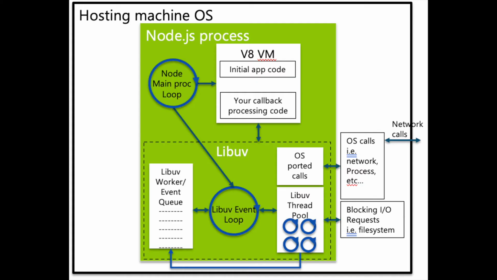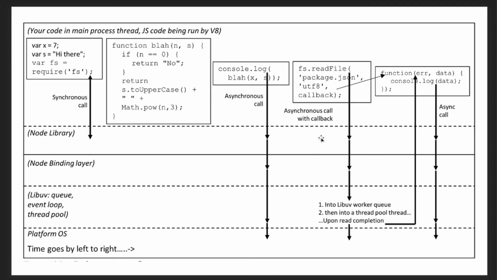So libuv is basically what was ported across operating systems. Now we get to this interesting one. The read file is also asynchronous, and it goes all the way back to the libuv worker pool queue. If you called a lot of these read file functions at the same time, the first few would get run and distributed across the thread pool, but the rest would have to be queued up.